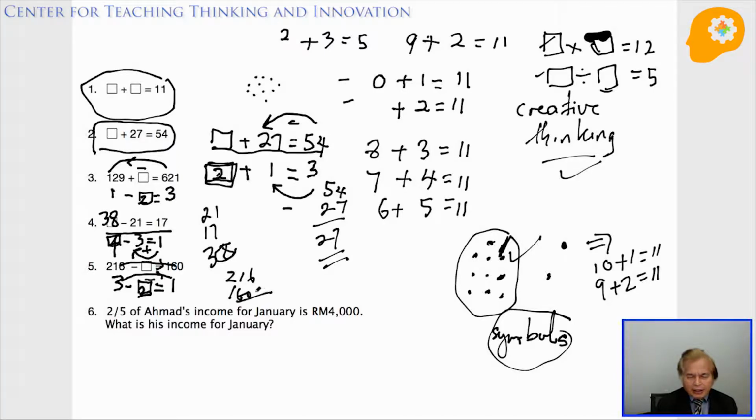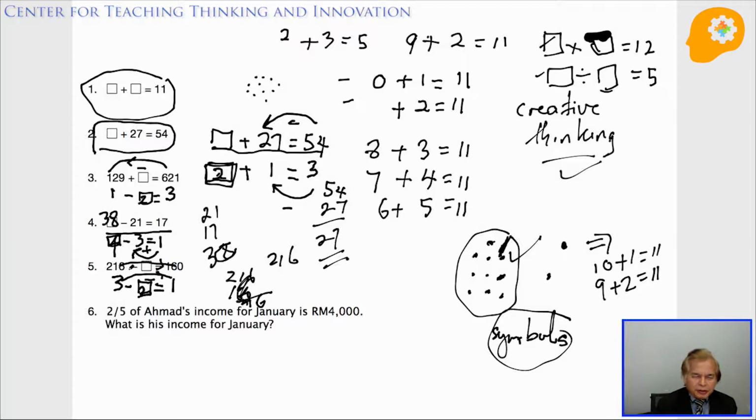And then after getting the solution, encourage him to put the solution here, whatever has been solved here. Sorry, this is 216 minus 160, because here 3 minus 1 to get 2.